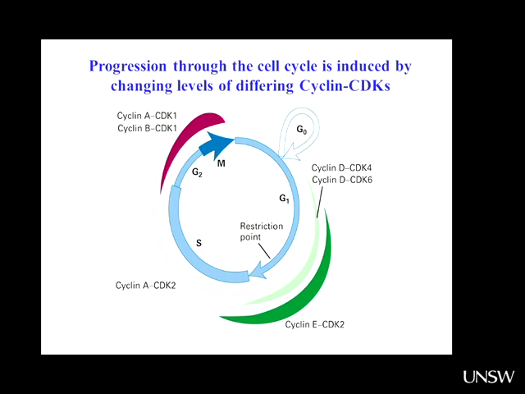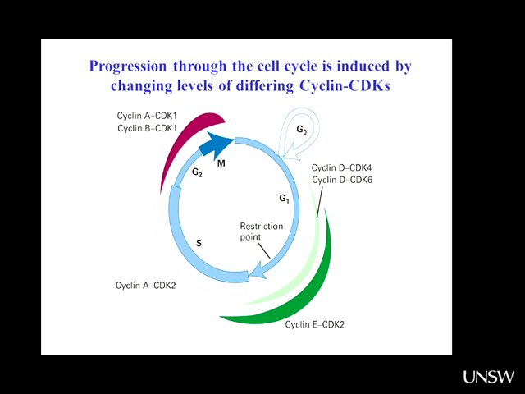I'd like you to understand the concept, partly because it's a beautiful piece of organizational skills to fine-tune and regulate this so precisely, but also because it's these going wrong that is partly what can lead to cancer. So we have this highly regulated process so that we have it all orchestrated with the rise of the appropriate and different cyclin to then move the cell through each of these stages till we get to cell division.